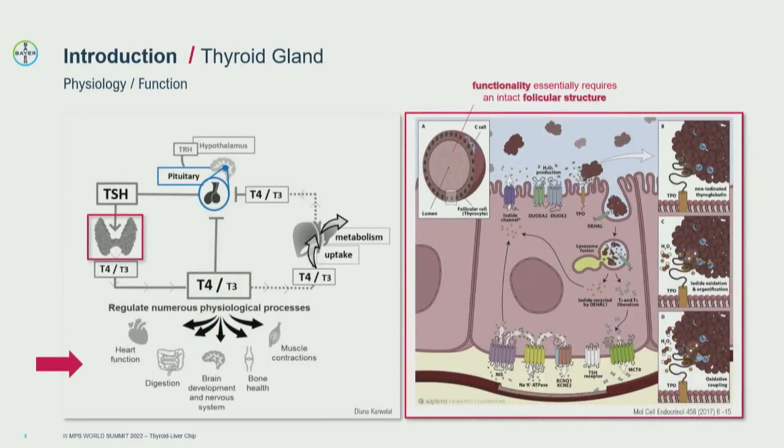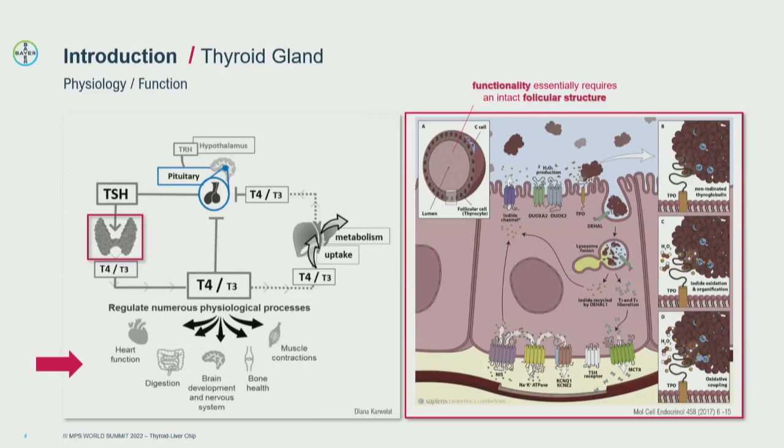Upon stimulation of the thyroid gland by thyroid-stimulating hormone, TSH, which stems from the pituitary, the thyroid gland produces thyroid hormones T3 and T4, which are secreted into blood, and they are quite important for many different processes.